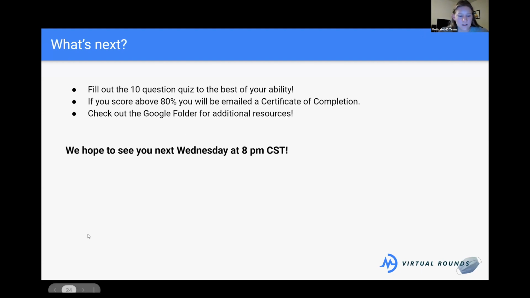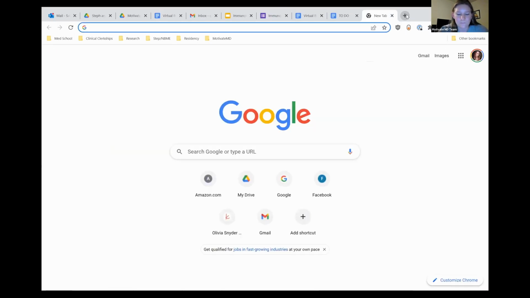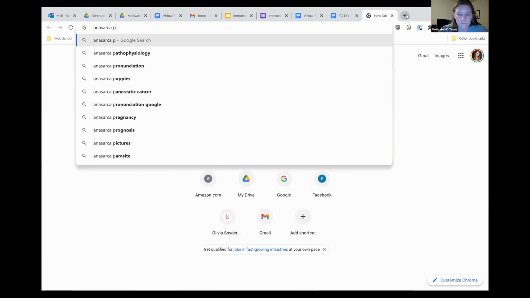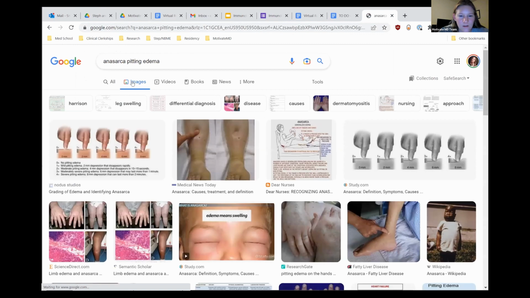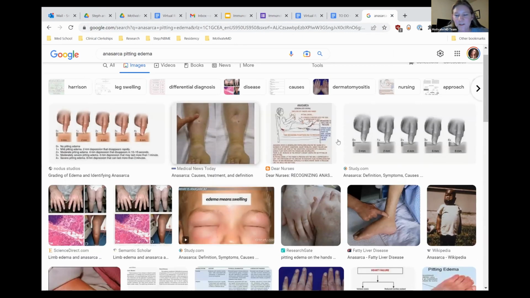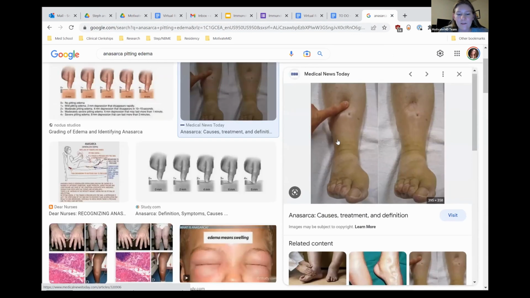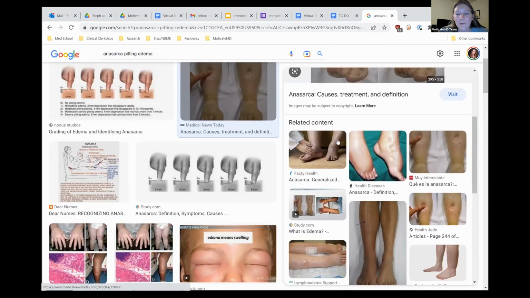I think maybe actually what I'll do is let me see if I can find a picture. Yeah, so this is showing in the legs, which is again the most common area, but you can really have this go all the way up the body.